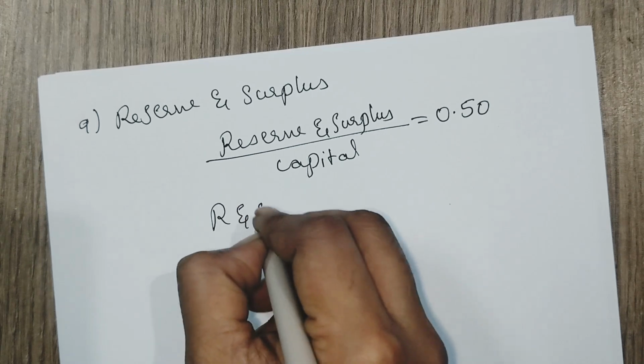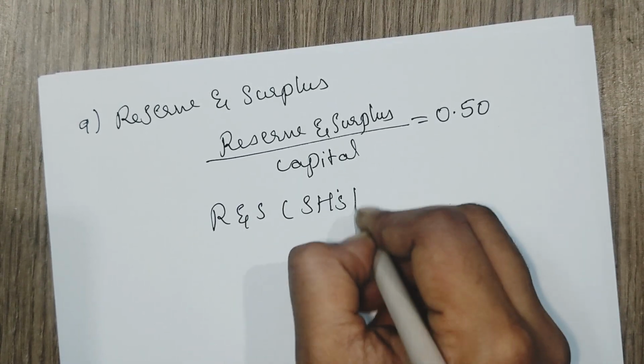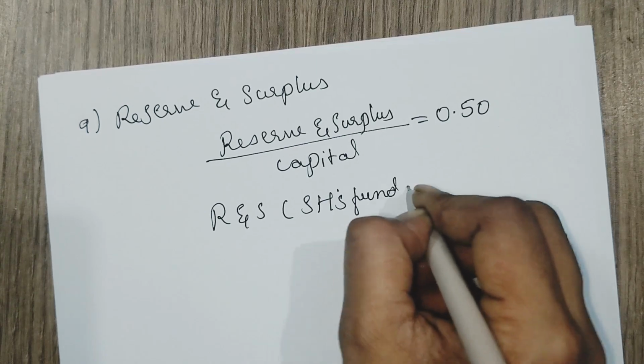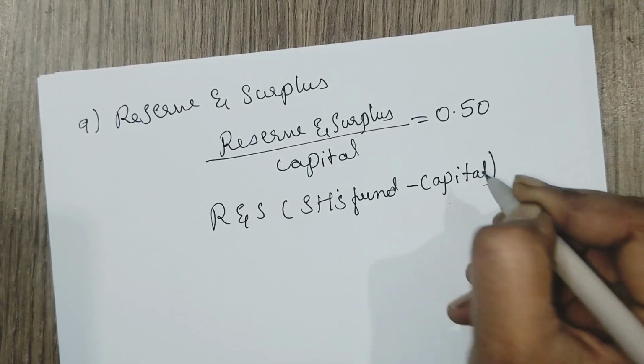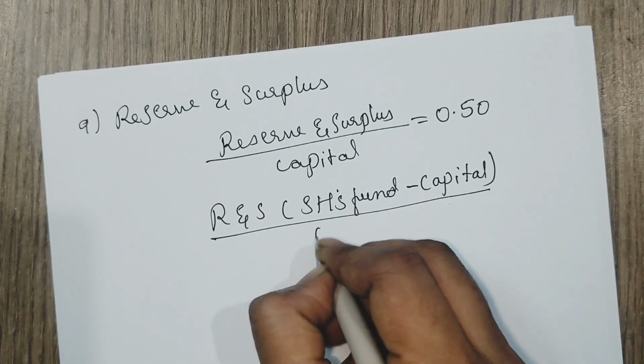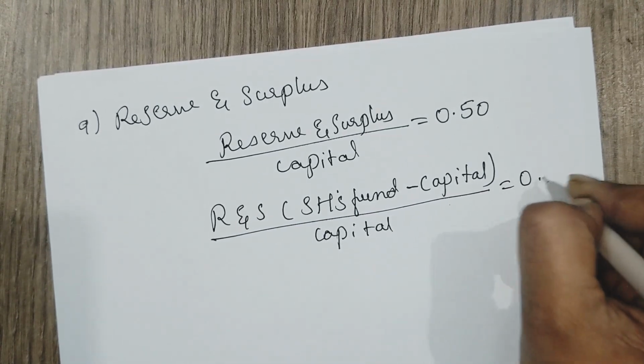Reserve and surplus is shareholders fund minus capital, divided by capital, is equal to 0.50.